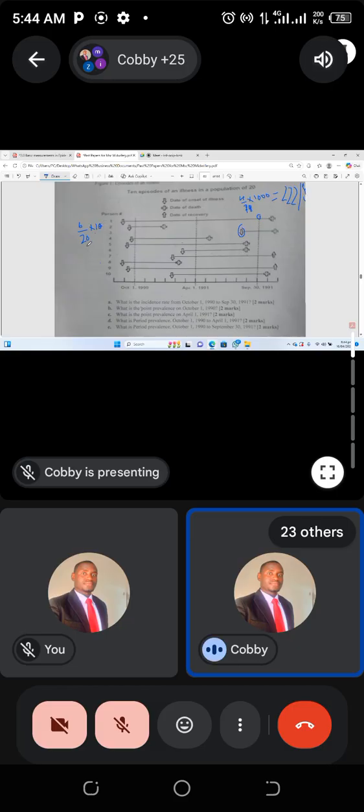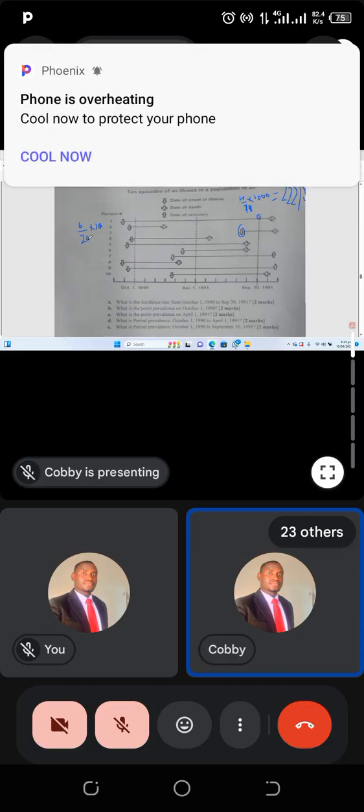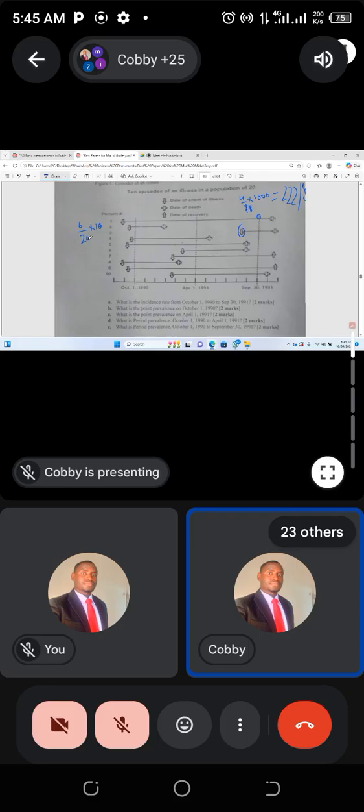So what would be the prevalence? 30%. So it's going to be 30%.